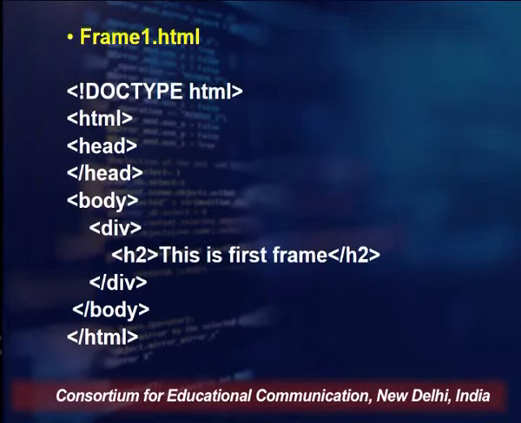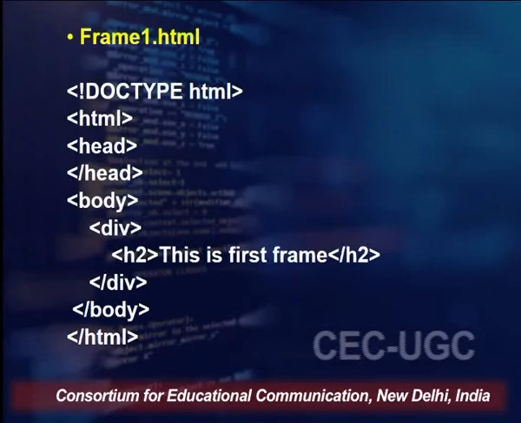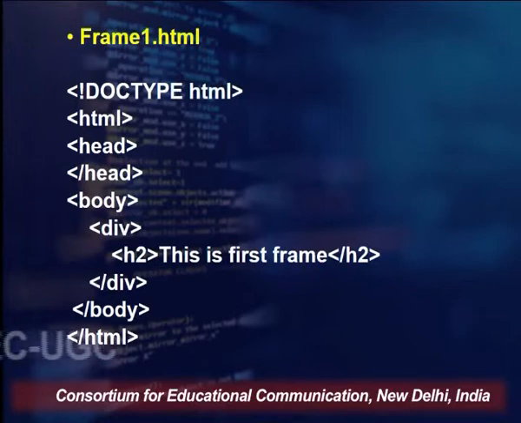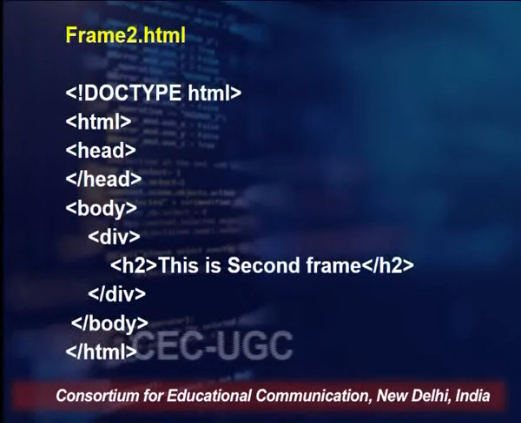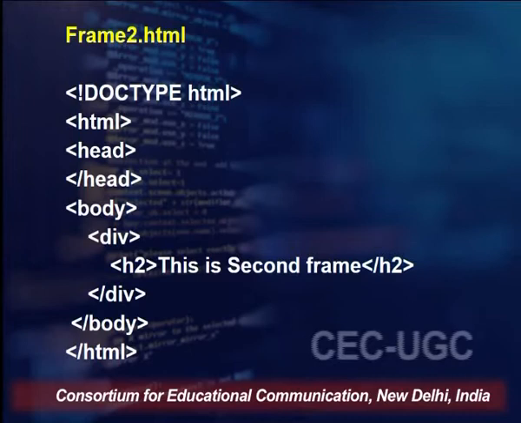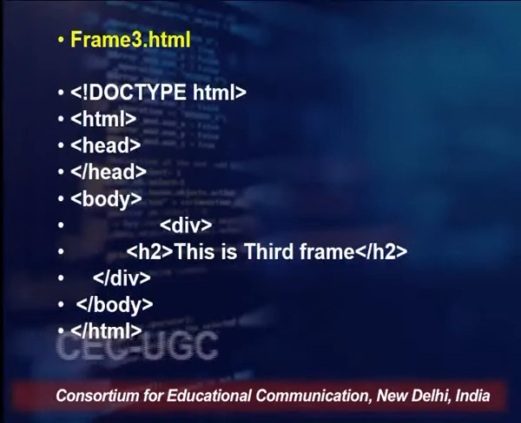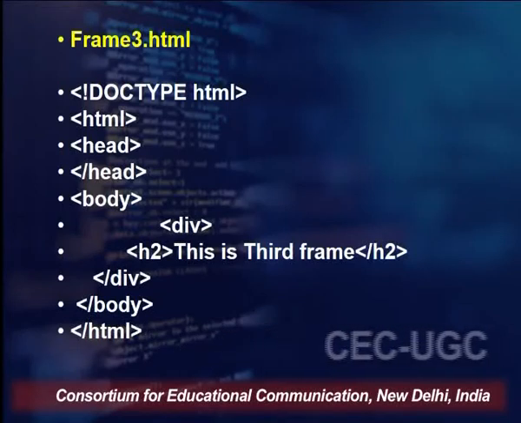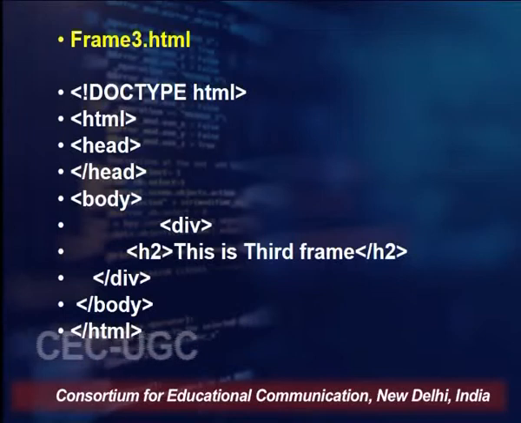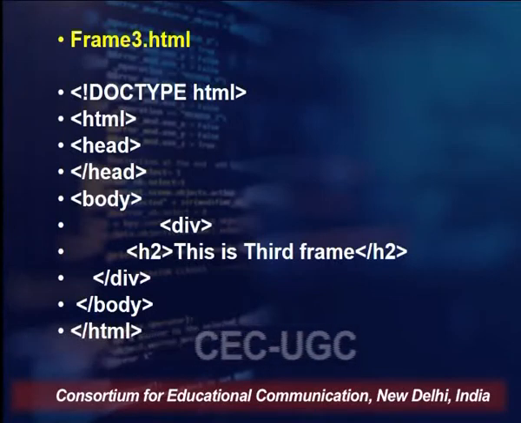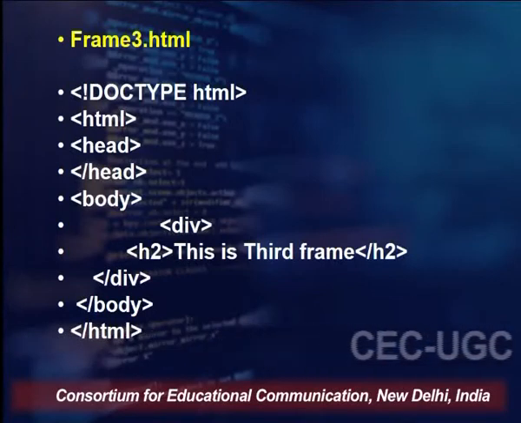So frame1.html has just one section which says this is the first frame. Then frame2.html also says this is the second frame, and frame3.html says this is the third frame. So in order to complete a frameset, we have to have 4 files here.